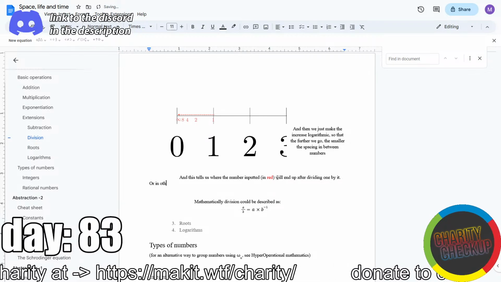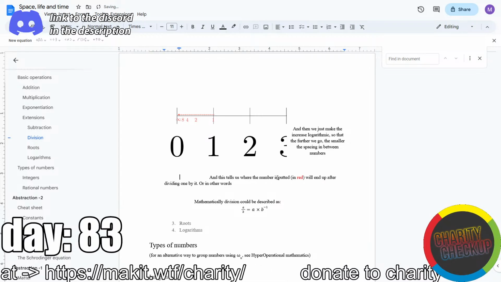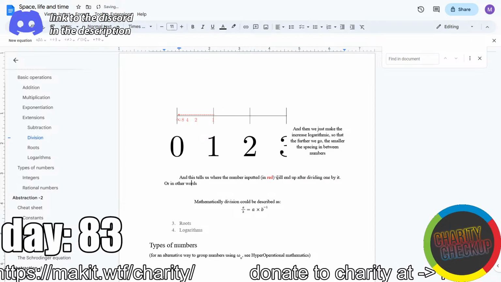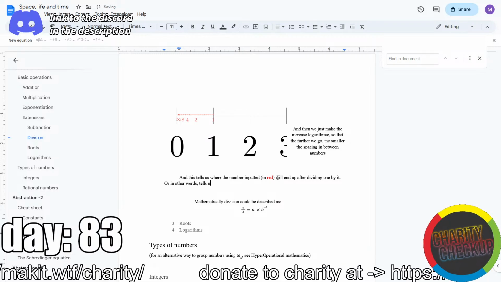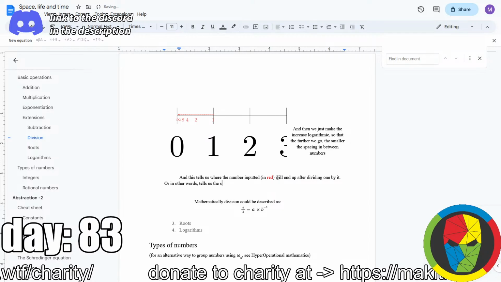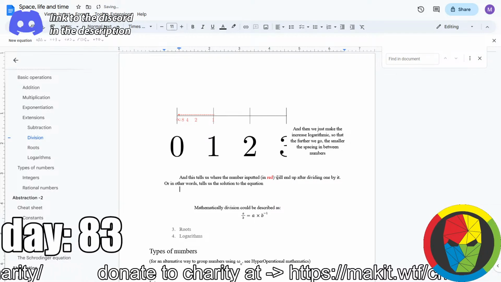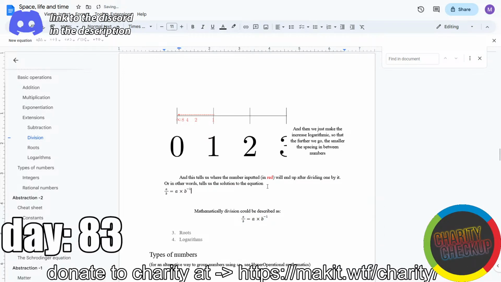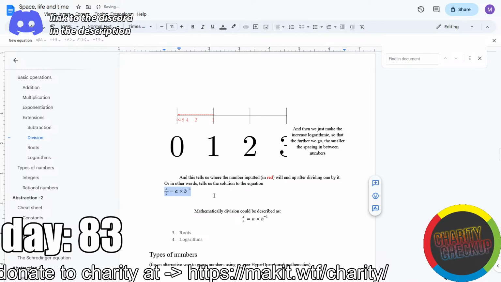Or in other words, tells us the solution to the equation.